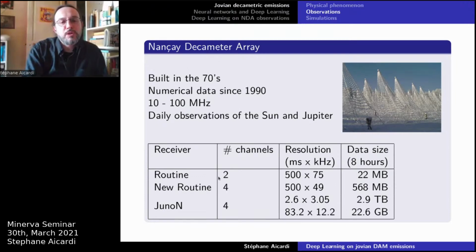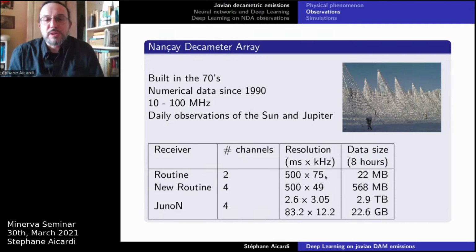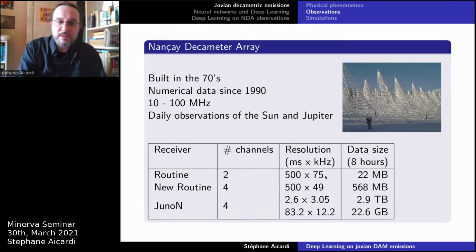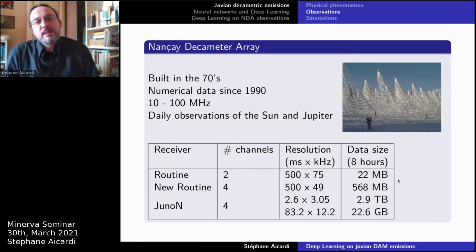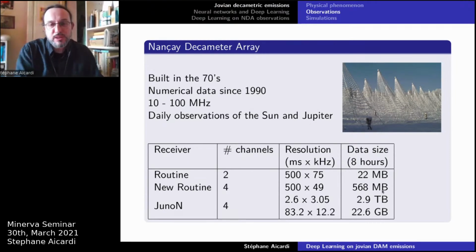We have 2 channels, left and right polarization. Each channel is sampled every second, and we have 400 slices in frequency. So it's a very moderate size of data each day.